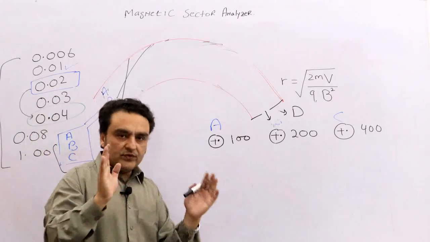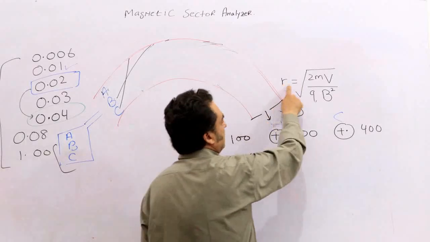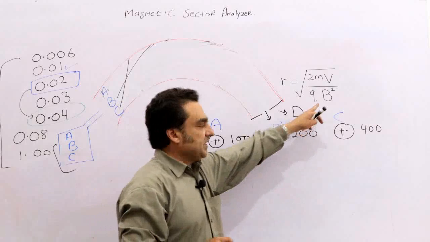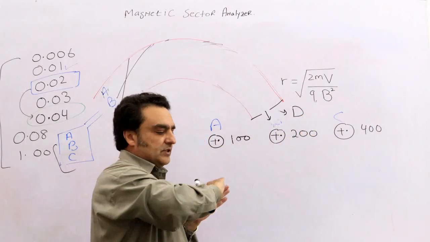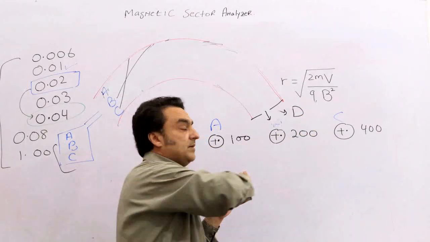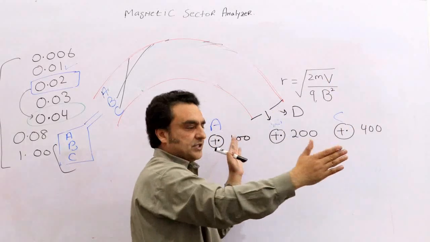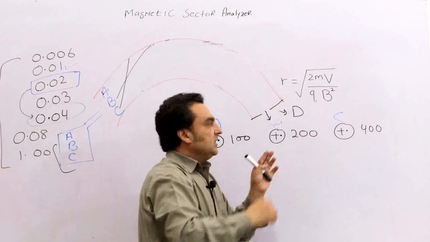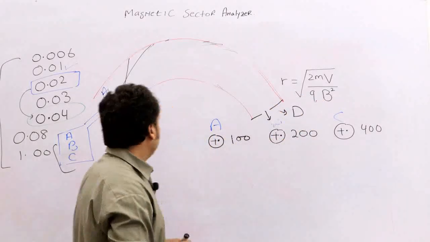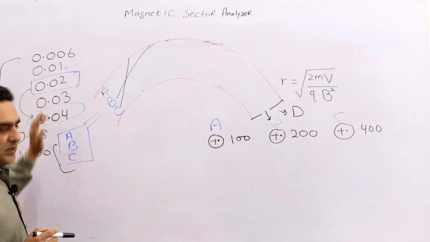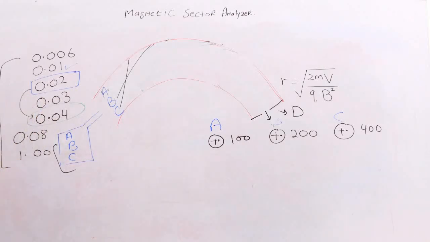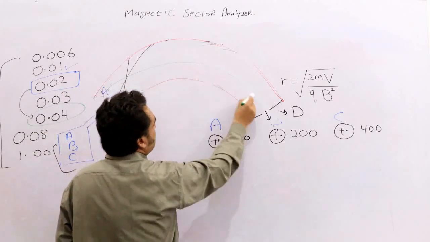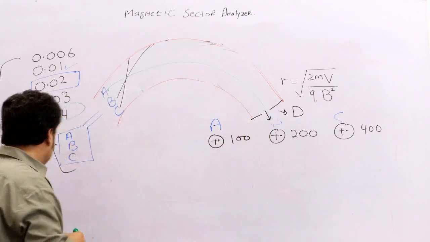At constant magnetic field, the heavy one will make a huge circle with a huge radius, and the small one will make a small circle. Suppose you come to 0.02 magnetic field, and now the 100 will pass very easily and move to the detector.